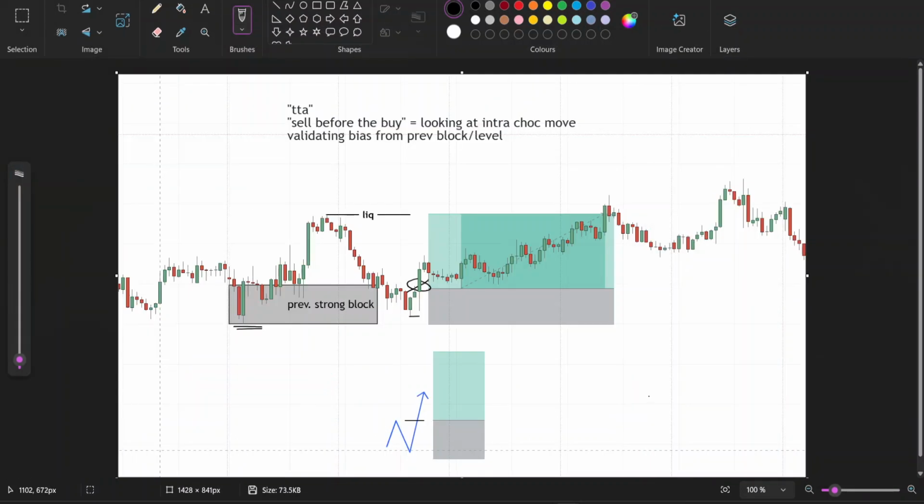I was looking at somebody else using a similar concept as me, and they say sell before buy, right? It's like looking at the last move down here before we went up and before we broke the level, and that's what's shown down here, right?